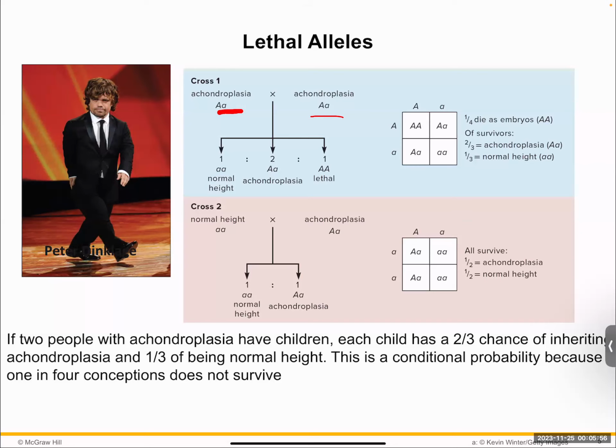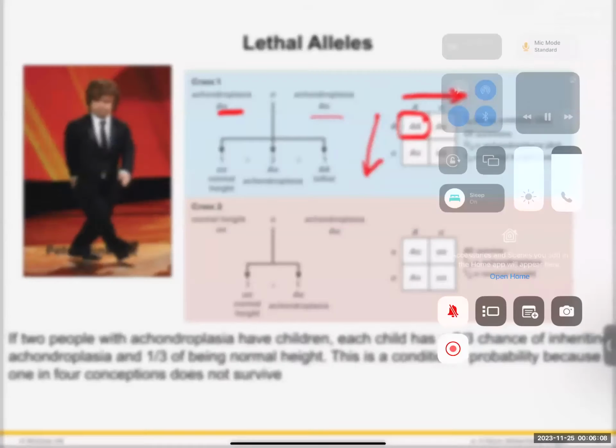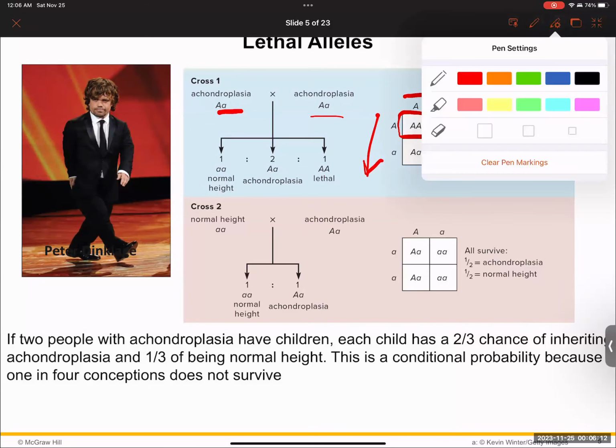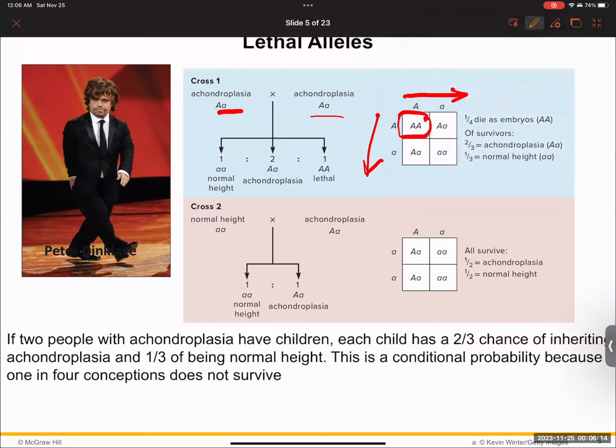You have the genotype of each parent. You have this individual, which would be dying off as a result of the lethal alleles.